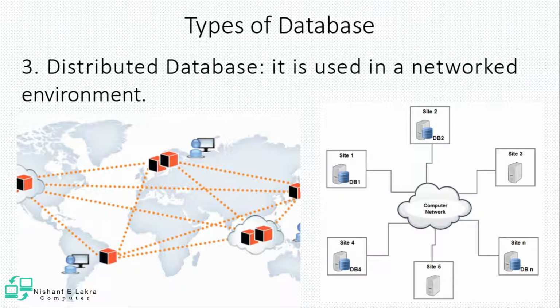That means in a large environment, like you can see in the diagram, this database can be shared to the workstations or computers which are placed in different continents, different countries, different cities, right? So this is what a distributed database is. It is used in a networked environment.